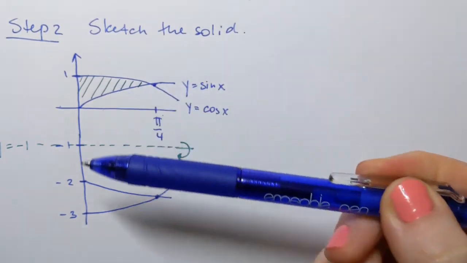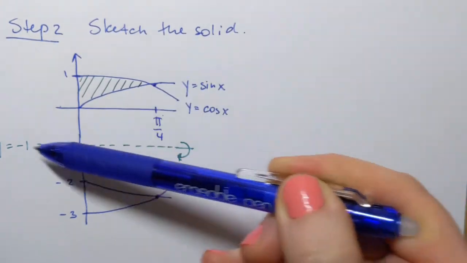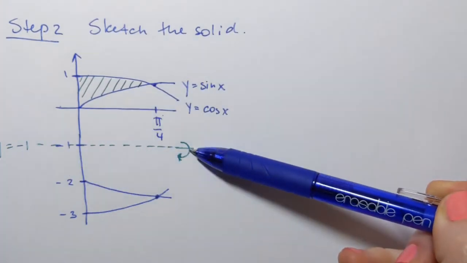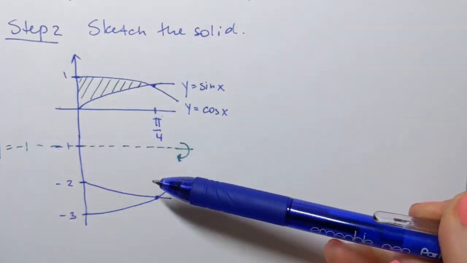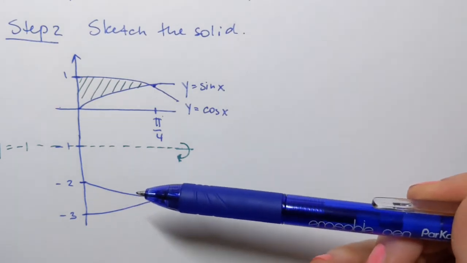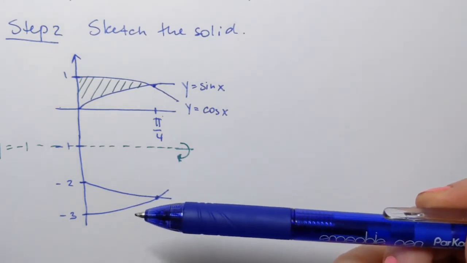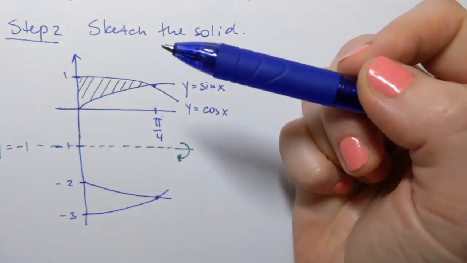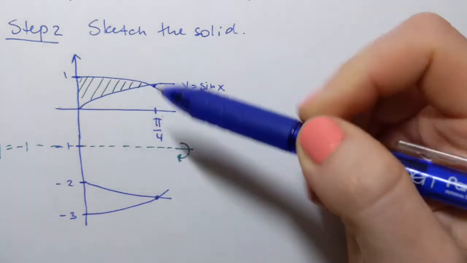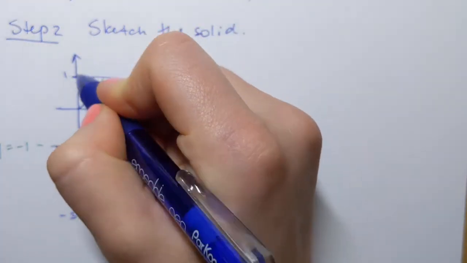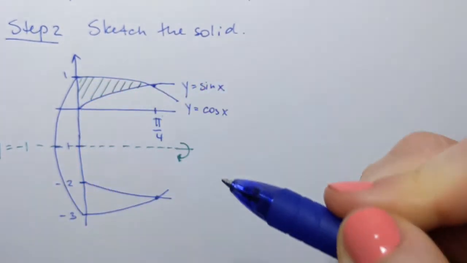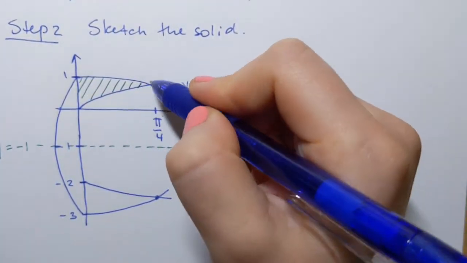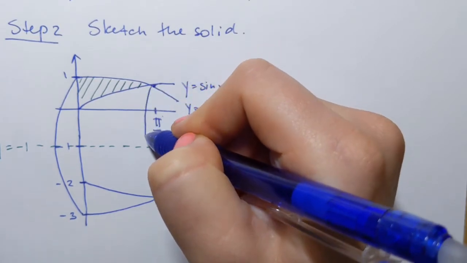And now once you reflected the given region about the line of rotation, then you want to add some curves so that you can kind of see that it's a three-dimensional object right now. And what I like to do, not to overwhelm my picture, I like to add some curves on each end of this solid. So here I will draw like an oval.